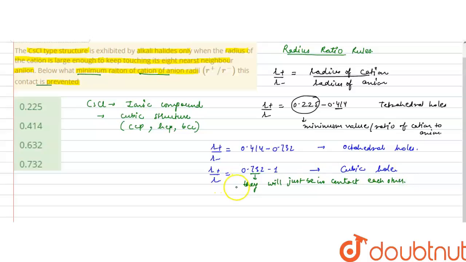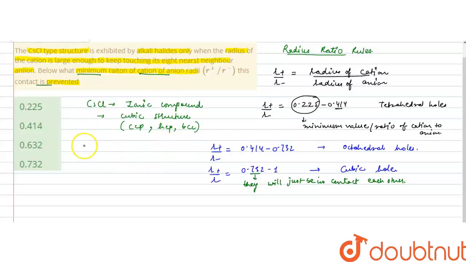That is the radius of cation and anion, and if this ratio is 1, they will completely or compactly attach with each other. So if the ratio is less than 0.732, their contact will be prevented.